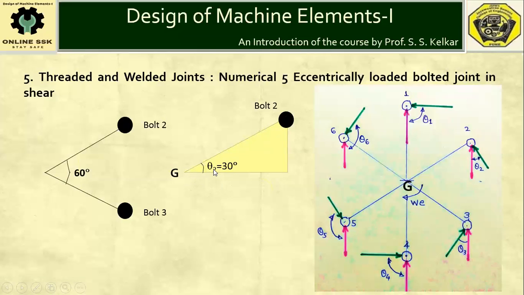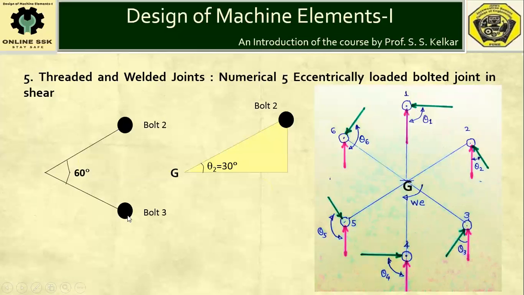Now, if we consider bolt number 2 and 3, the angle between these two lines will be 60 degrees because due to construction, as these bolts are situated along an imaginary circle and they are equispaced, therefore angle between any of the consecutive two bolts will be 60 degrees.